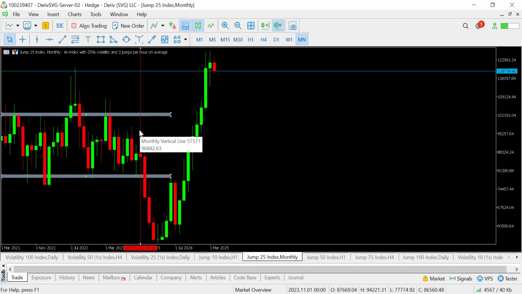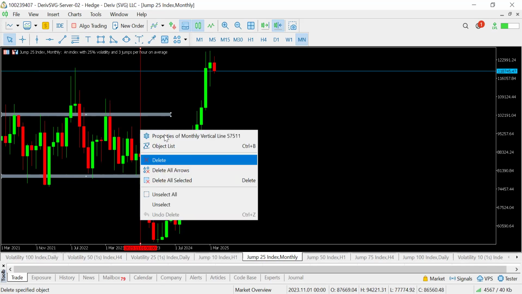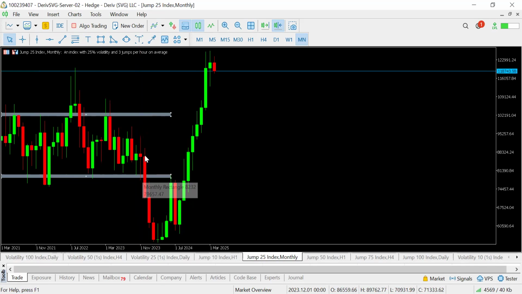It just kept ranging. And then finally, it broke out of the range and came down to form a low. So now a lot of us would have thought that now that it formed a low, it would simply form a lower high and then go ahead to form a lower low.